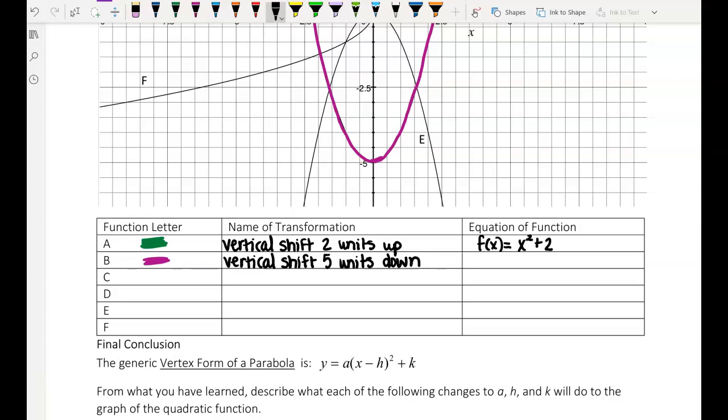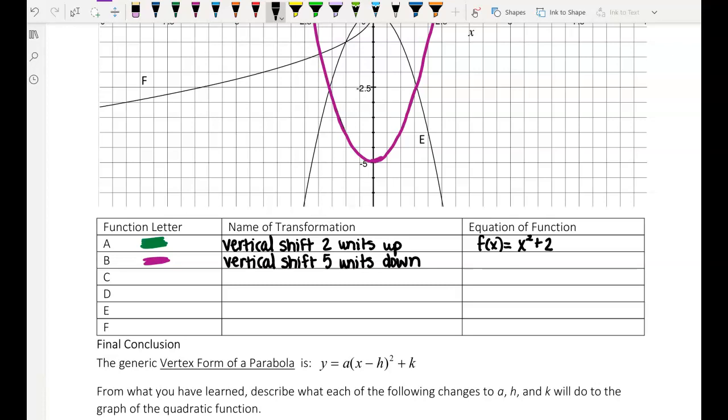So what would that equation look like? We shifted up 2 and we said f of x equals x squared plus 2.